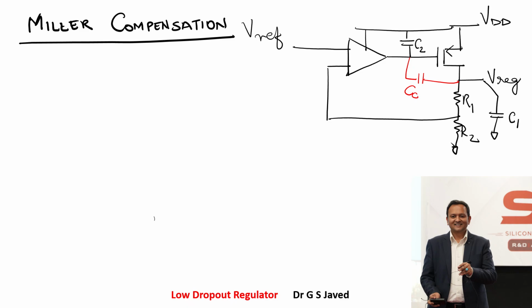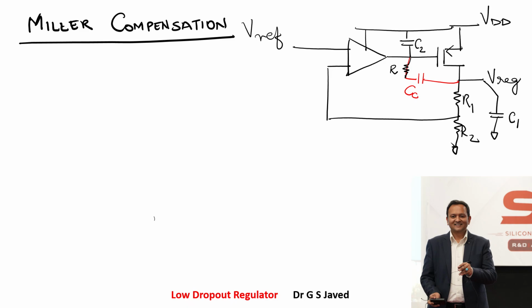Generally, we don't only add the capacitance, an additional nulling resistor is also introduced in between the two. And this nulling resistor R is directly related to the amount of load current that you are seeing.